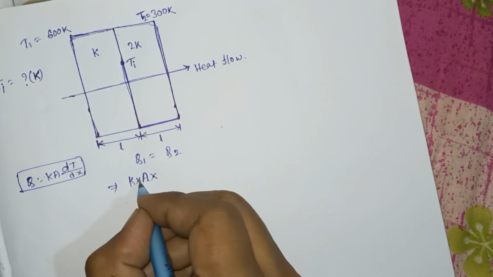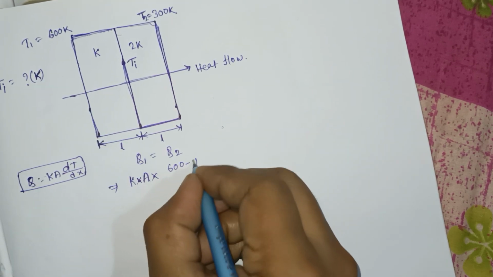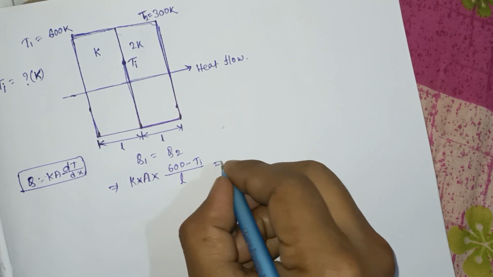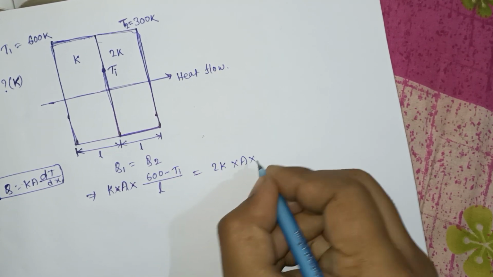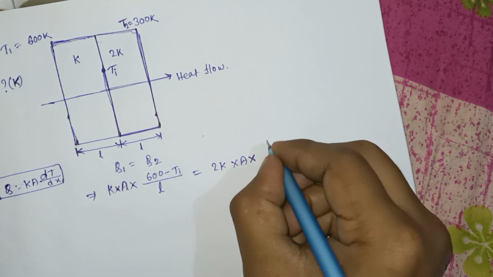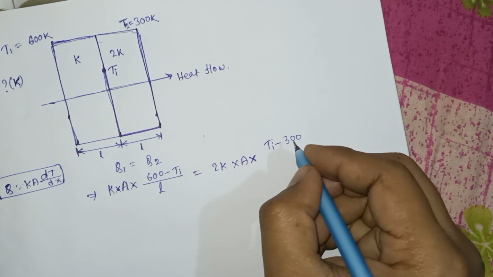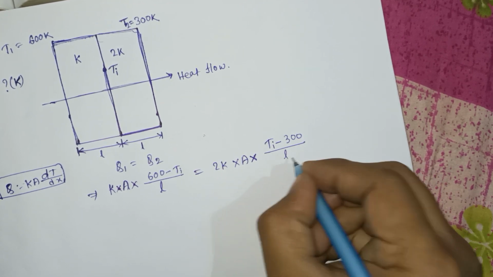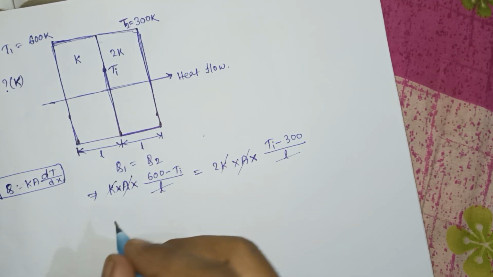What is the value of dT by dx? dT, the temperature difference, is 600 minus Ti, by L. That equals 2K into A into Ti minus 300, by L. So L cancels out, A and A cancel out, and K cancels out.